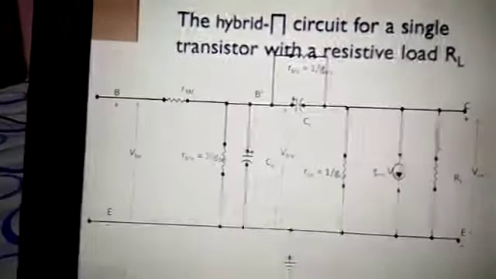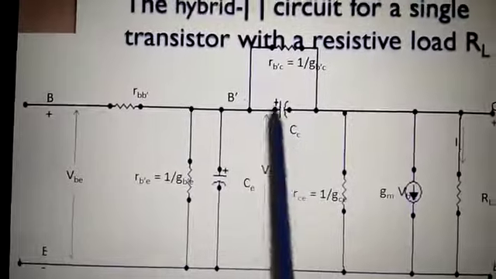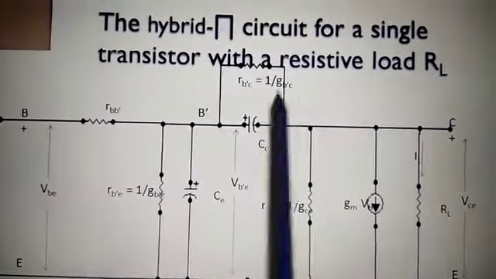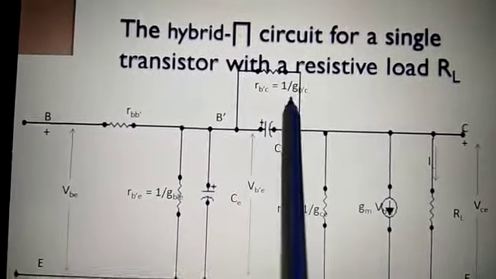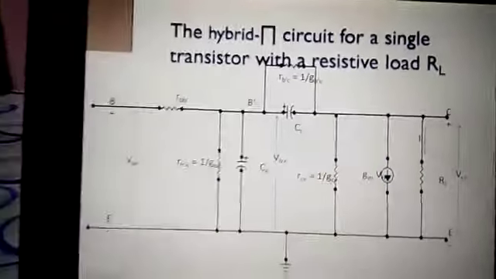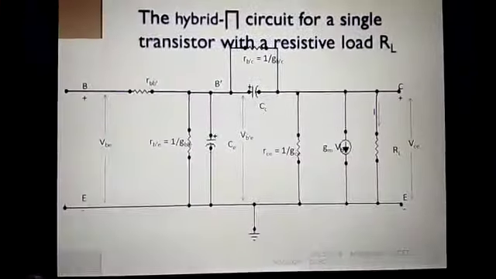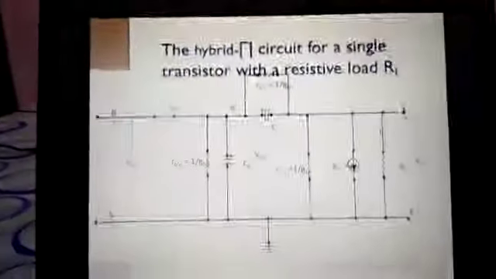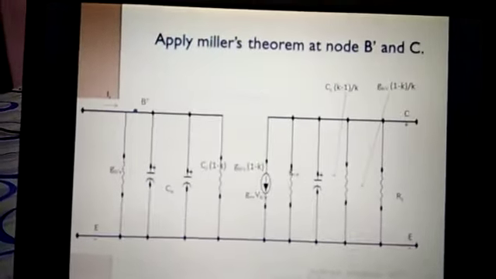Along with this is the collector capacitance between the base spreading area, and this capacitance, along with this parallel resistance RB'C in terms of conductance. So this is a complete diagram for the analysis of the common emitter current gain with a resistive load RL.